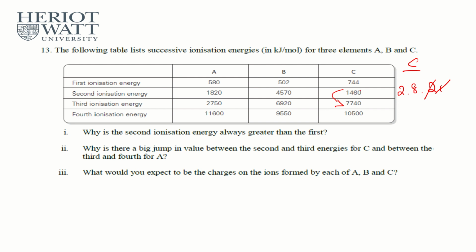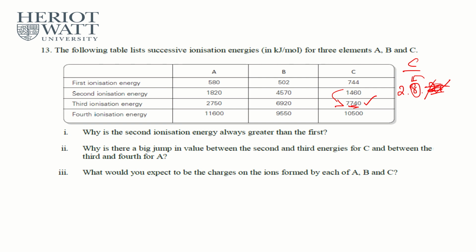Once I have removed two electrons, there are no more valence electrons, and the third electron is actually from the inner shell. This inner shell experiences a stronger core charge or effective nuclear charge, stronger attraction. Therefore, much higher energy is needed to remove the third electron from the inner shell. That's the reason why there is a big jump from second to third.